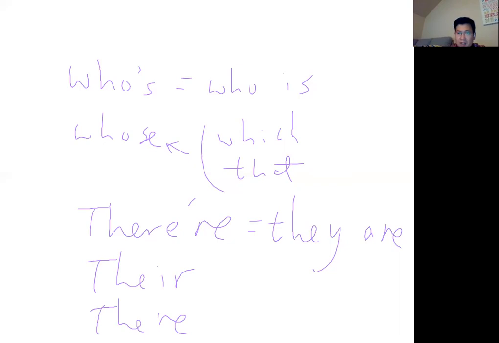Let me explain a little bit more with the next page's drills. Number 1 says "it's a country's whose." If you change it to "it is," it makes sense. But "a country who's inhabitants": if you change who's to "who is," that doesn't make sense.